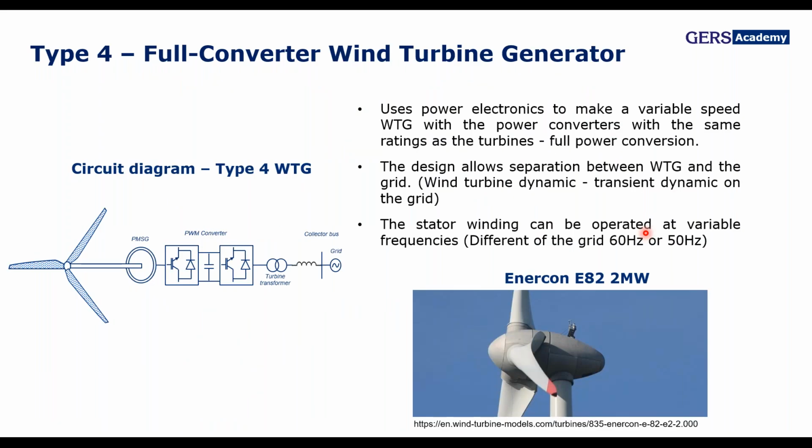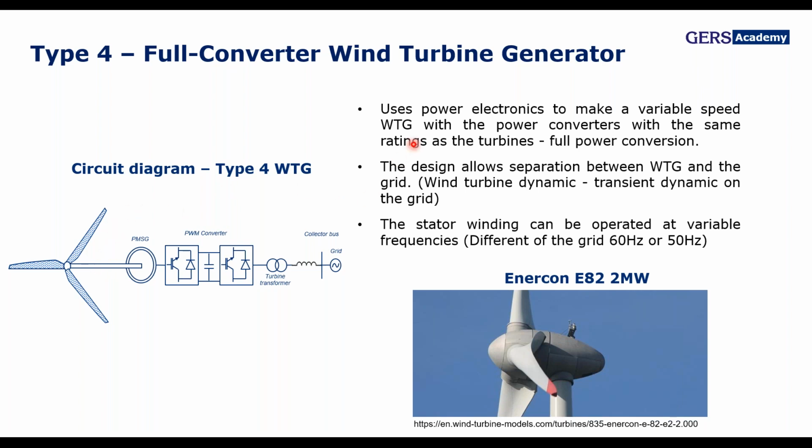Just to mention again, this is a Type 4 full converter wind turbine generator. Since you have decoupled the electromechanical and the electrical part on the left and right side, the models that are used for wind turbines are also used for PV plants.